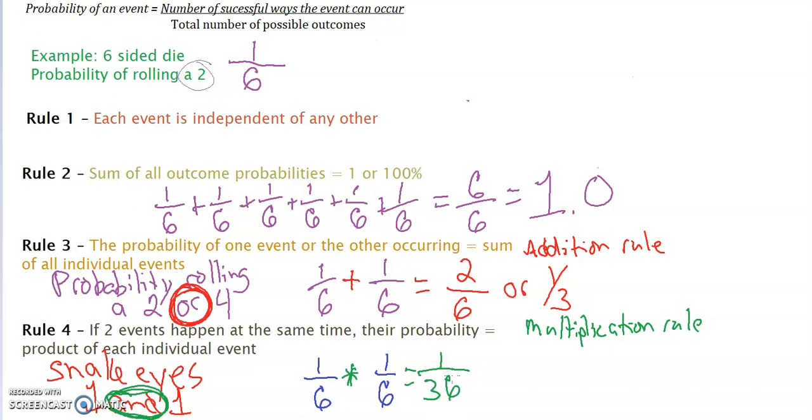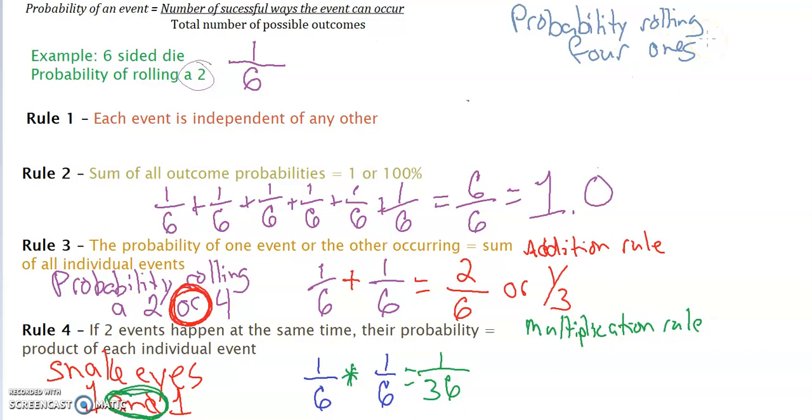Now we could keep going with this. We could say, what's the chance of having 4 dice and all 4 of them landing on a 1? Well, let's go up here. What is our probability of rolling 4 ones at the same time?